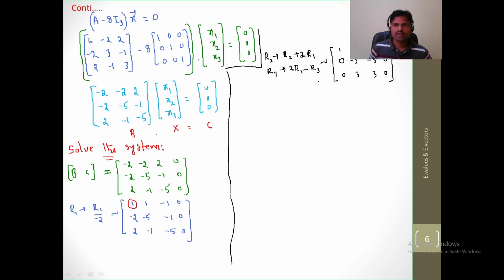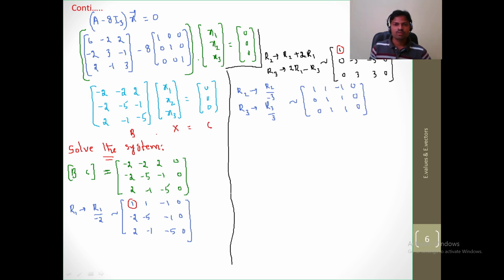Fine. Now look, this is a leading coefficient and the two entries became 0. Next, this one should be 1, so let's divide the second row by minus 3: R2 is modified as R2 divided by minus 3, and simultaneously R3 divided by 3. Now let us rewrite: 1, 1, minus 1, 0; 0, 1, 1, 0; and 0, 1, 1, 0.